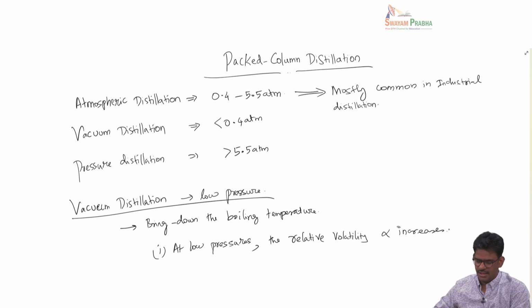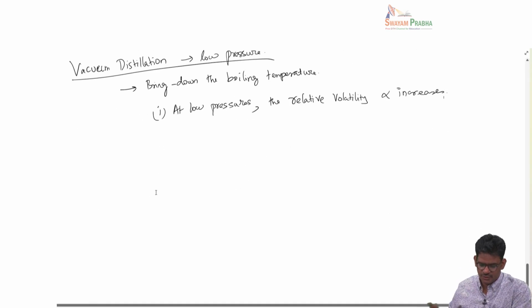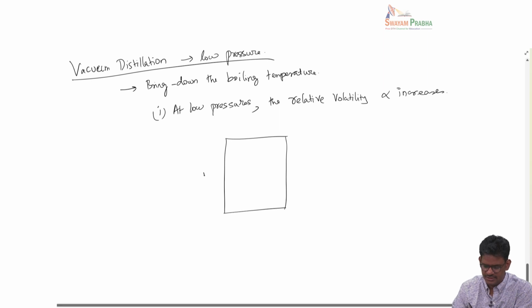You can see this by looking at the TXY diagram. Suppose this is the TXY diagram, with TB and TA, for some pressure P1.